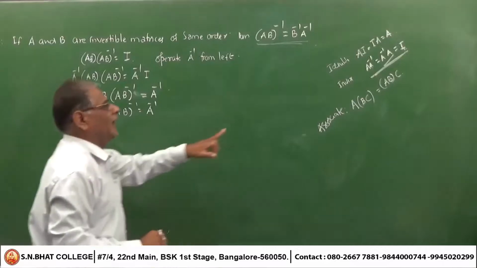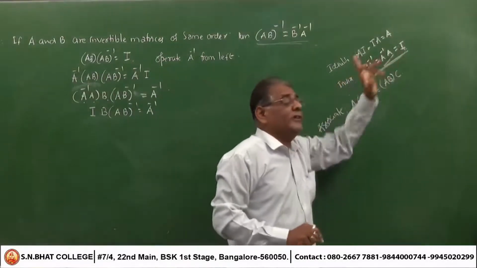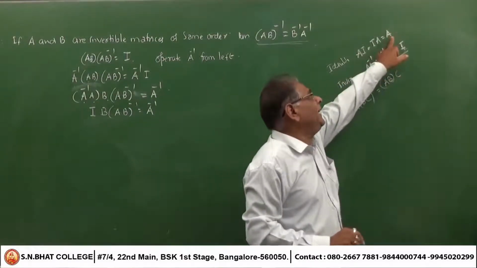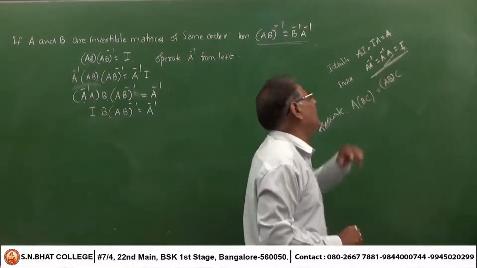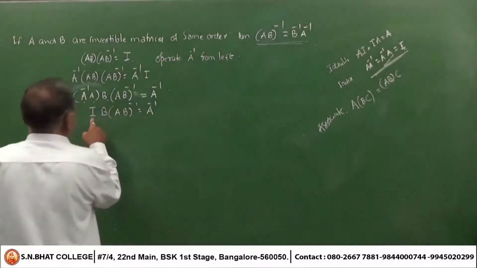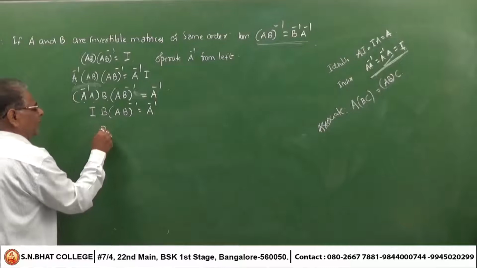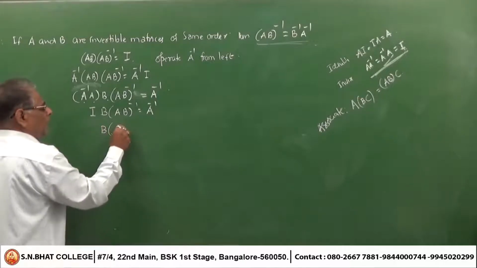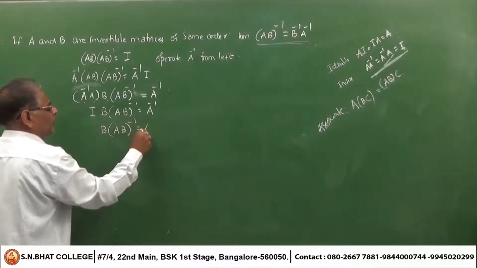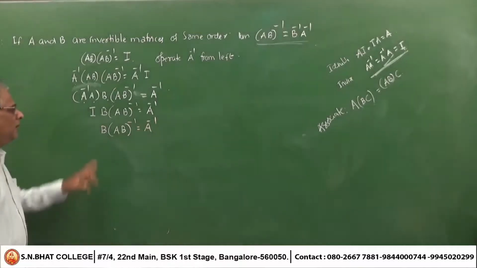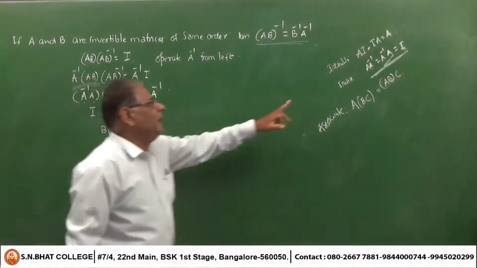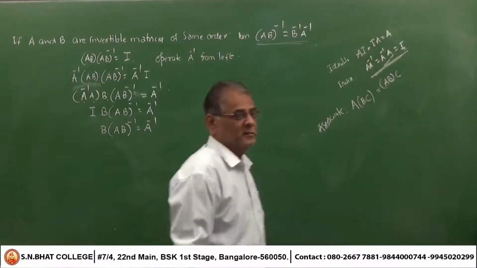Next, A can be written as A into I or I into A. What is I into B? It is nothing but B. So B into AB whole inverse is A inverse. I into B is B, and I into A is A.